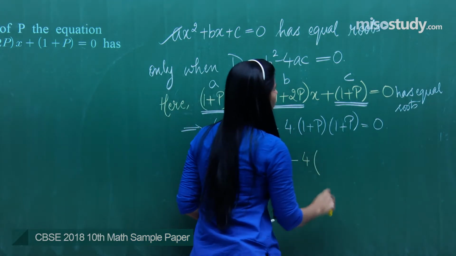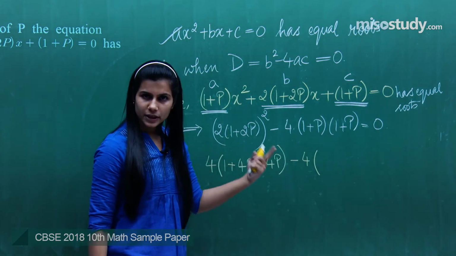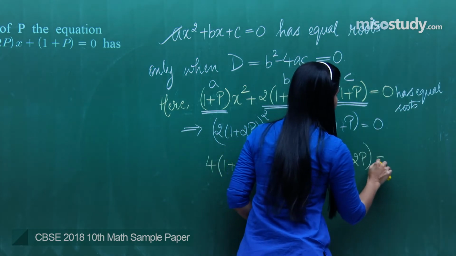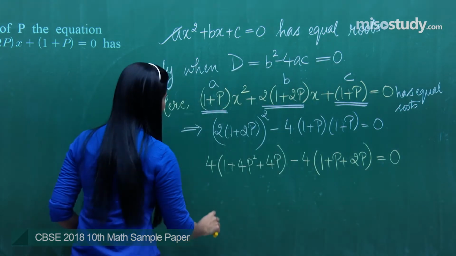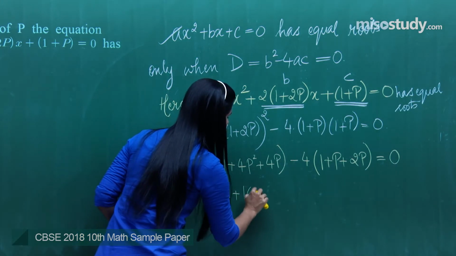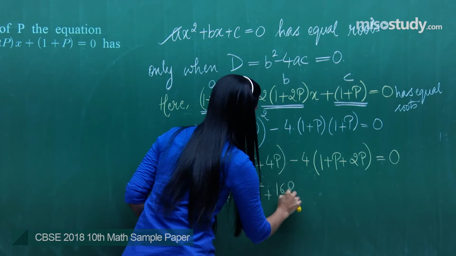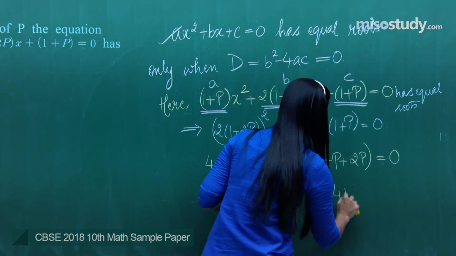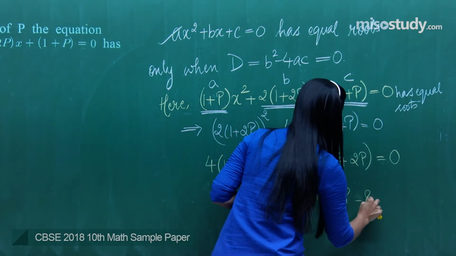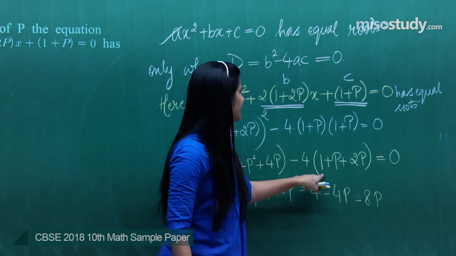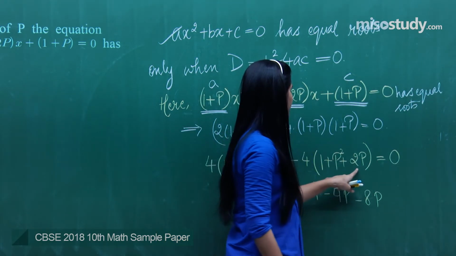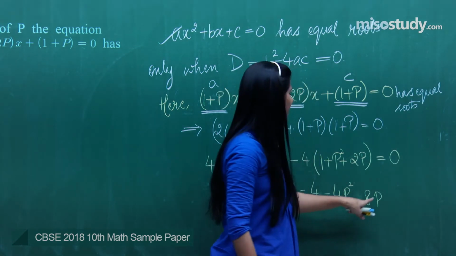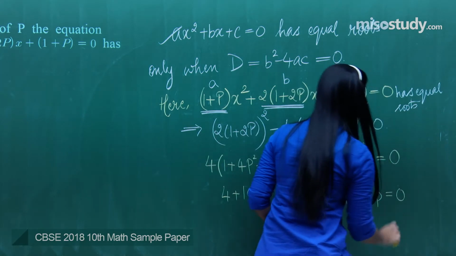Minus 4, (1 plus p) into (1 plus p) means (1 plus p) whole square, which is 1 square plus p square plus 2p. Sort this out, this will be 4 plus 16p square plus 16p minus 4 minus 4p square minus 8p equals 0.